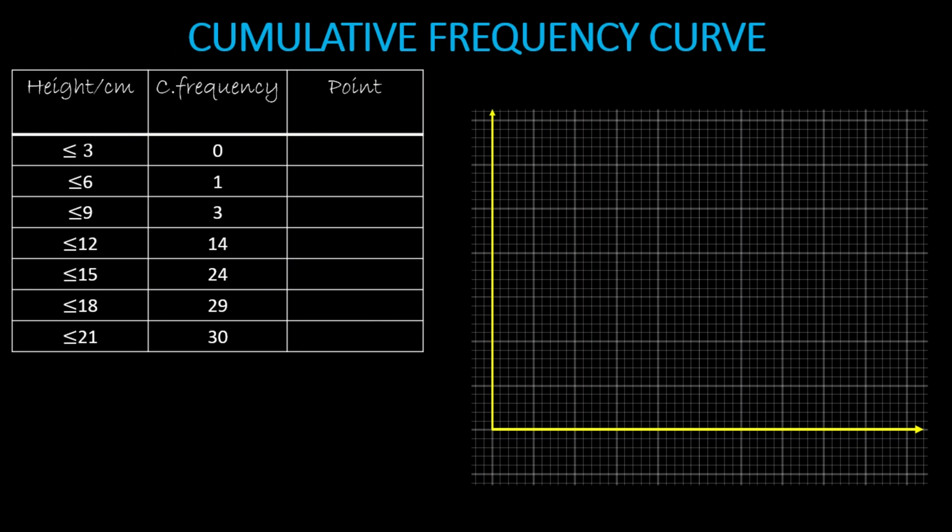The height will be on the horizontal axis. This is the axis for height in centimeters, of course. And the vertical axis will denote cumulative frequency.